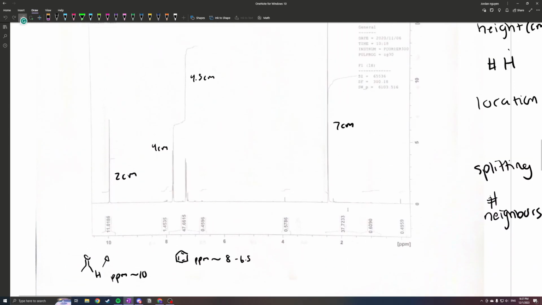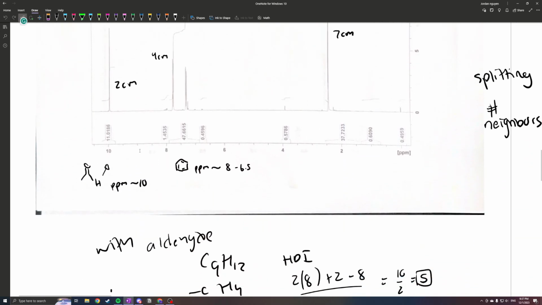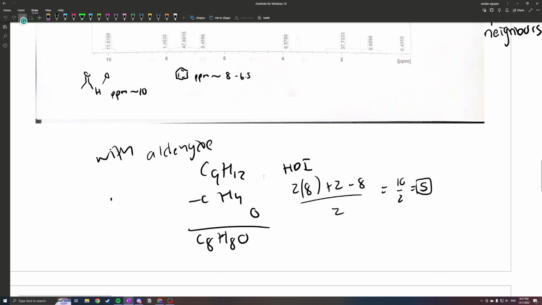And then the peak around 2.5 could be a lot of things, so I just kept that to the side for a little bit. Now that I knew there should be an aldehyde in my structure, I added oxygen to my formula because there has to be an oxygen now.